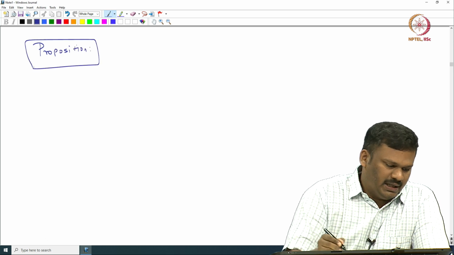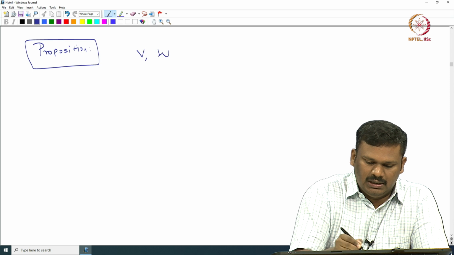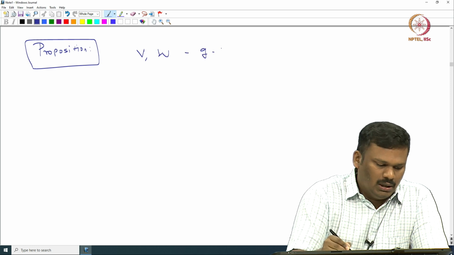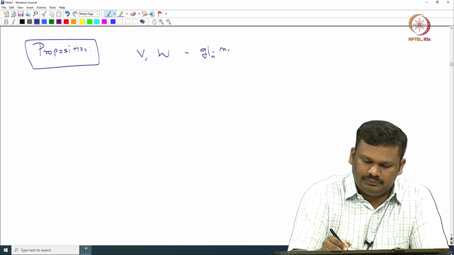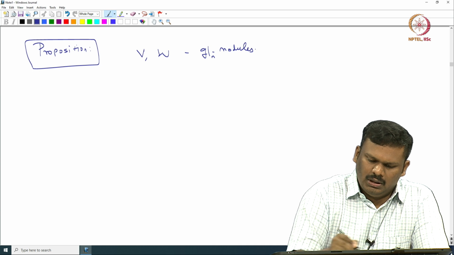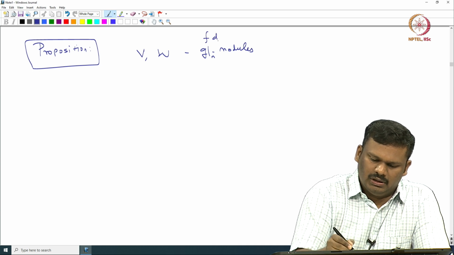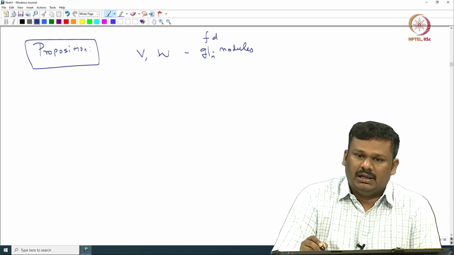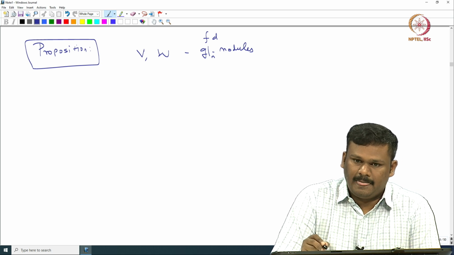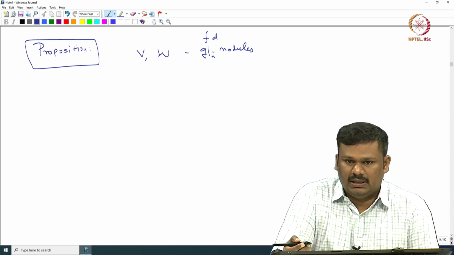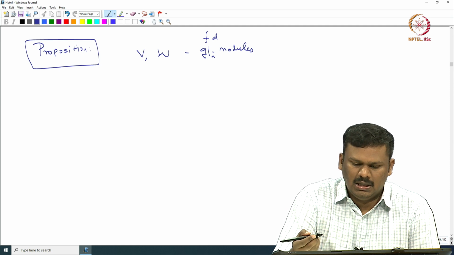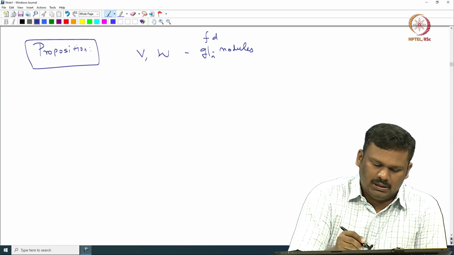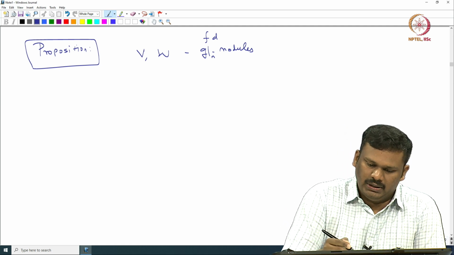If we take V and W to be two GL_n modules, again we are only dealing with finite dimensional modules, then we can consider the tensor product, and with respect to the trace form we can define Casimir operators. Now if you think about it, we have the following relationship.